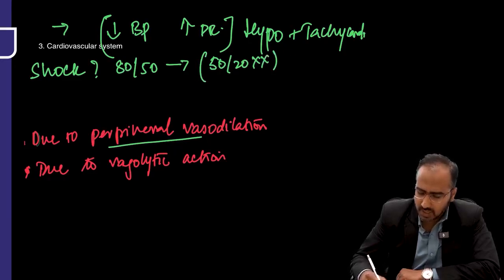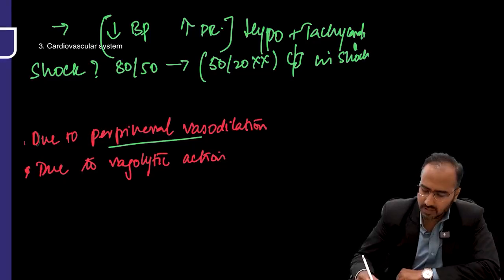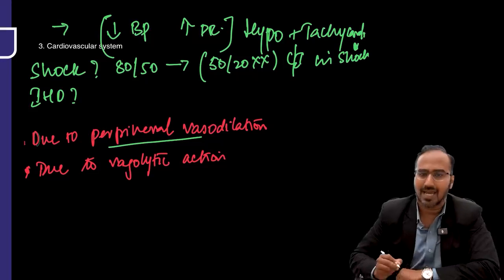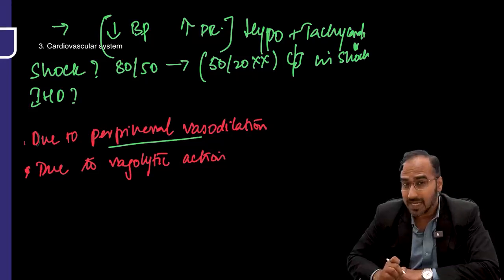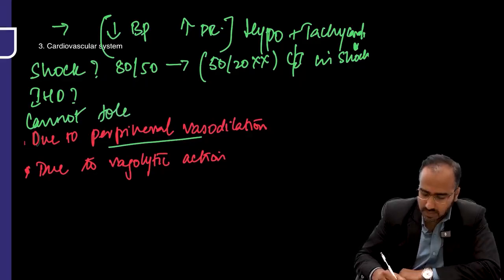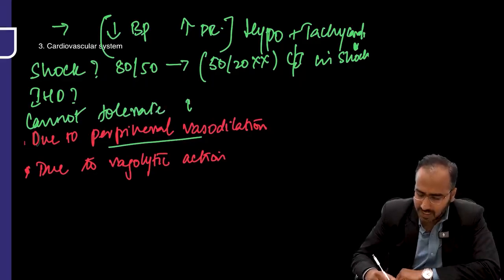Hence, it is contraindicated in shock. Can you give sodium thiopentone in ischemic heart disease? Yes or no? Ischemic heart disease patient cannot tolerate extreme changes in the BP and pulse rate.